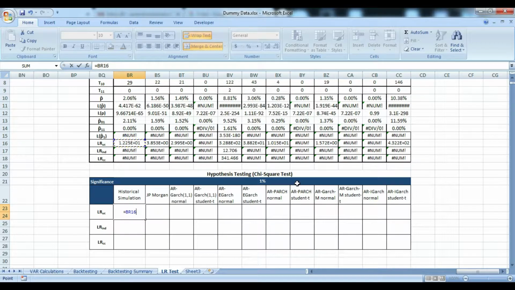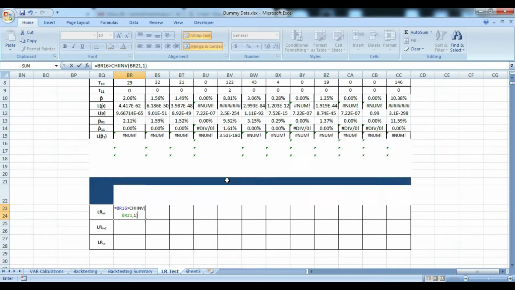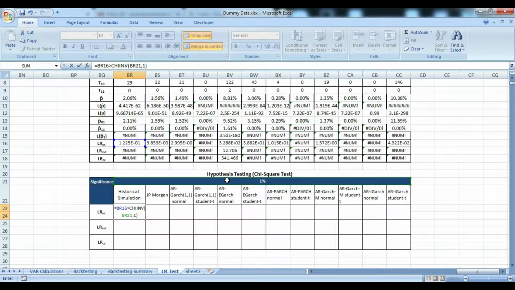LRUC, if this value is greater than chi inverse, the probability will be the significance level, and the degrees of freedom over here will be 1, close brackets, comma. Sorry, I forgot to put an IF over here.